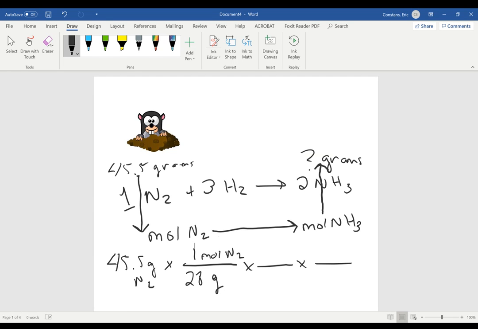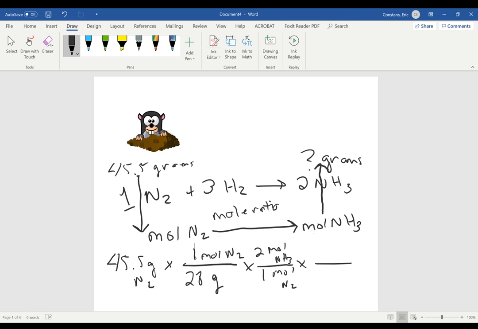Now the next step here, this moles of N2 to moles of NH3, that step is going to be your mole ratio. Mole ratio, moles of NH3 goes on top. Moles of N2 goes on the bottom. The numbers that go here correspond directly to the coefficients. So that's going to be a 2 here and a 1 here.